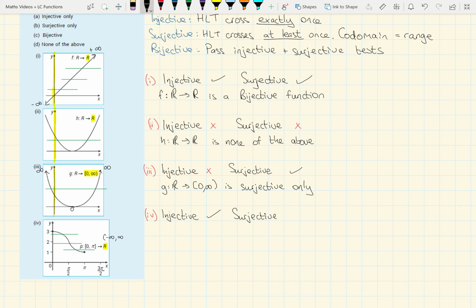And if we look here, we only go from 1 up to 3 for our actual outputs. So we run into an issue there, so it's not going to be surjective. For part 4, we've passed injectivity but failed surjectivity, so it cannot be bijective. So our statement at the end: our function p maps (0, pi) to the set of reals is going to be injective only. And that's parts 1 to 4 answered.